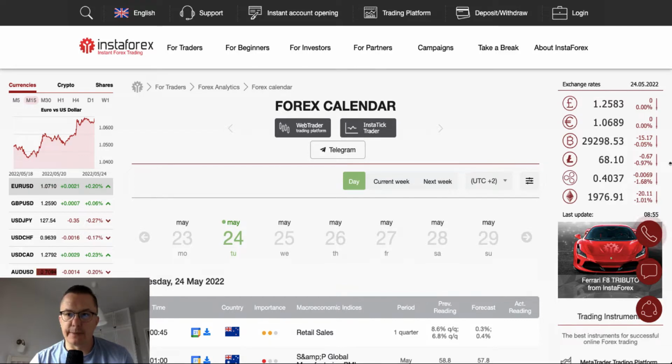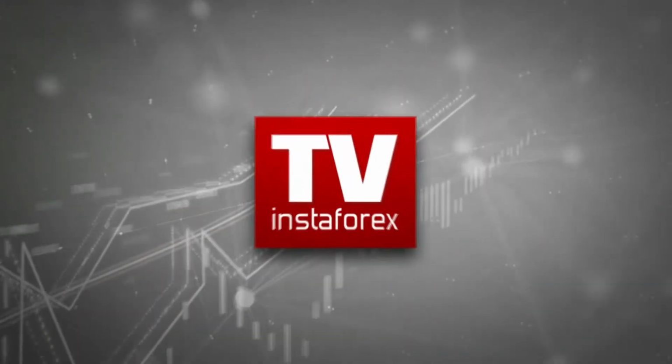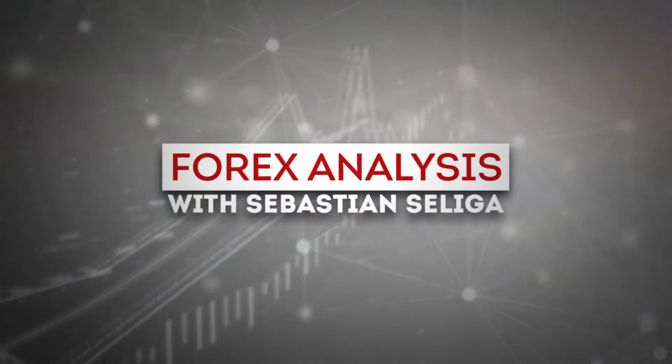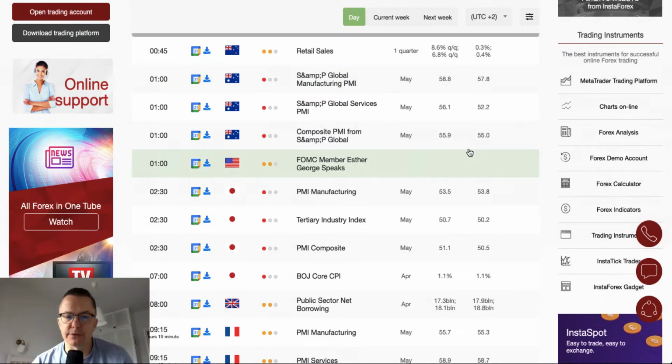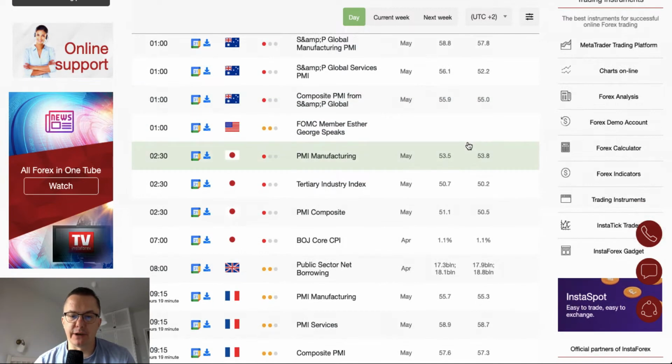Let's start with the Forex calendar. Some data had been published overnight, however it was not that important. The main event was, of course, the PMI manufacturing data from Japan.